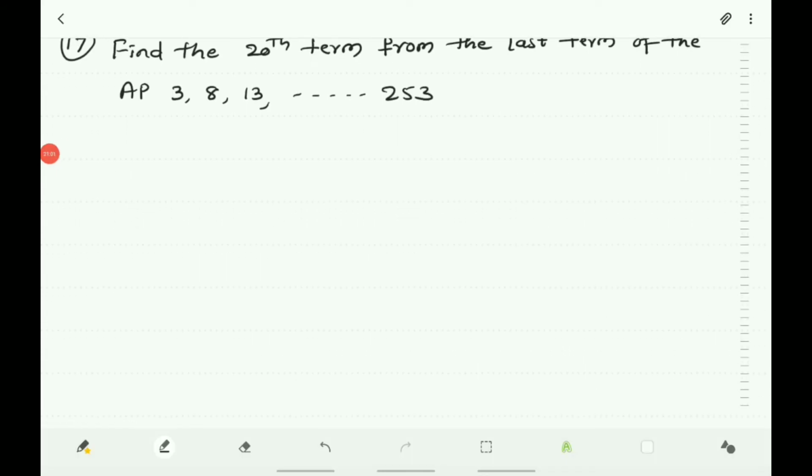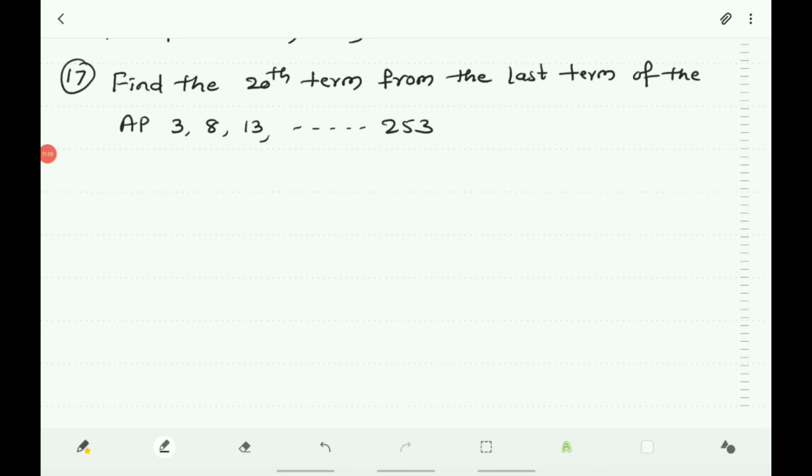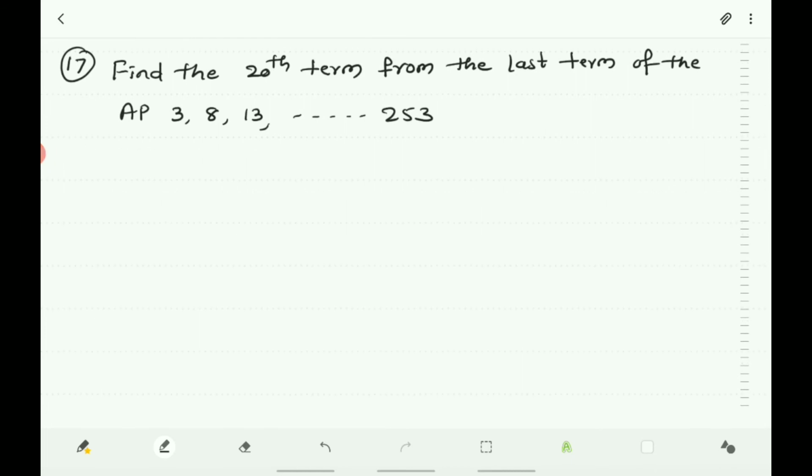17th question. Find the 20th term from the last term of the AP 3, 8, 13, and so on to 253. Here the last term is 253, that is AN. And here the question is to find the 20th term from the last term. From 253, you must find out the 20th term.